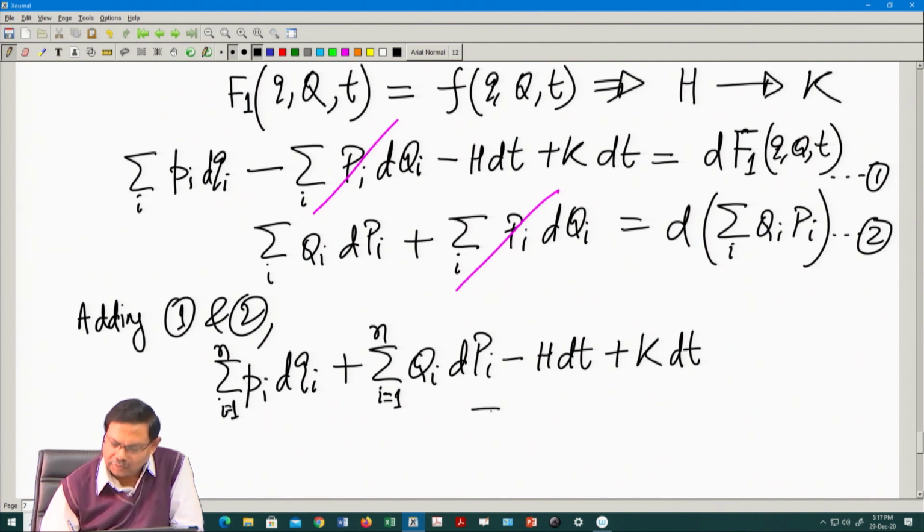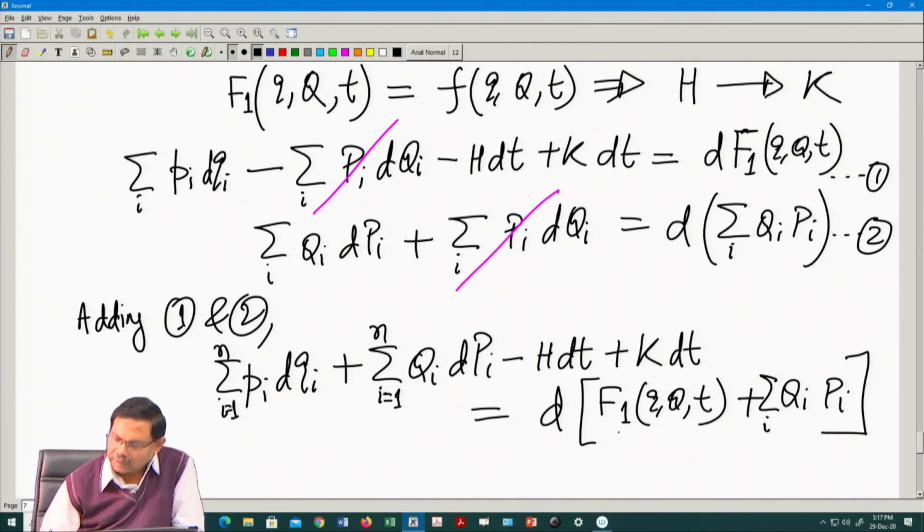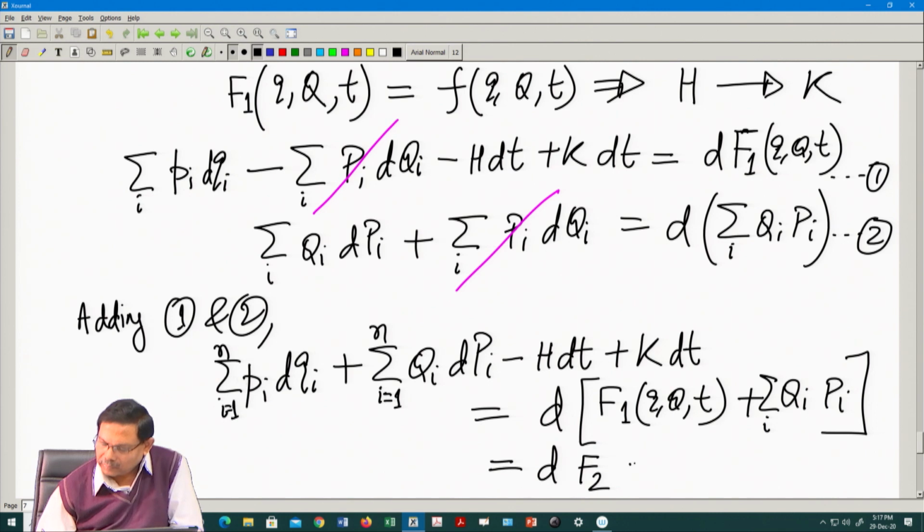Now, what is going to be on the right hand side? I add dF1, which is a function of both the q's, plus the sum over i of d(q_i p_i), that is what we have, and this we are going to call dF2, which would be a function of, in general, the old q that has appeared here and a p_i that has come.